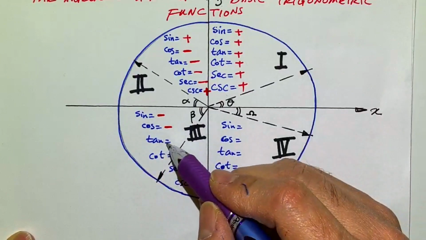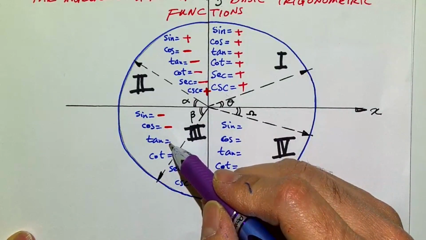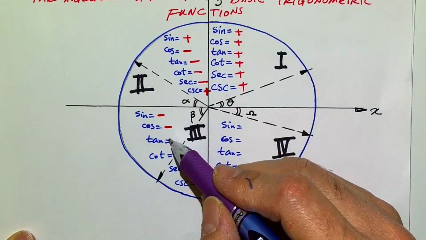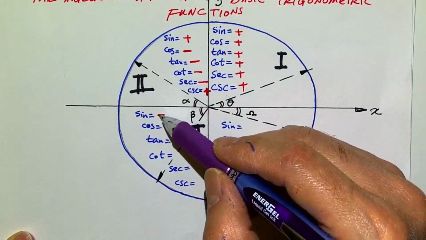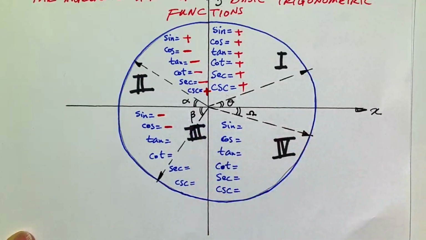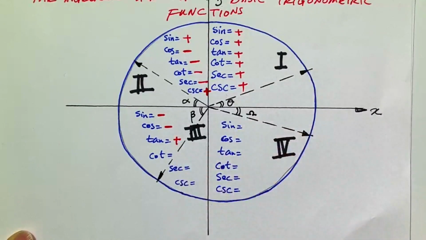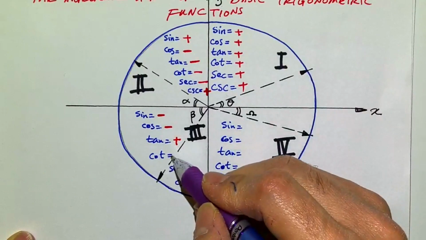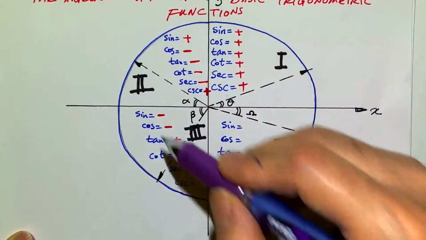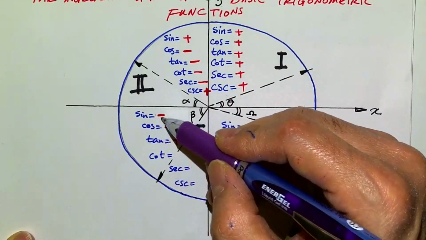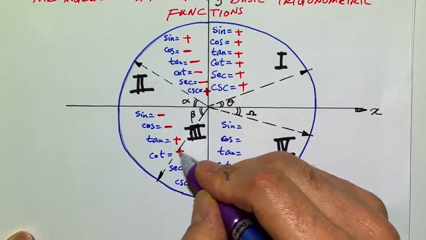What about the tangent? Tangent is the ratio of sine divided by cosine, right? So negative divided by negative, it is positive. Cotangent is the ratio of cosine divided by sine. So again, negative divided by negative, positive.